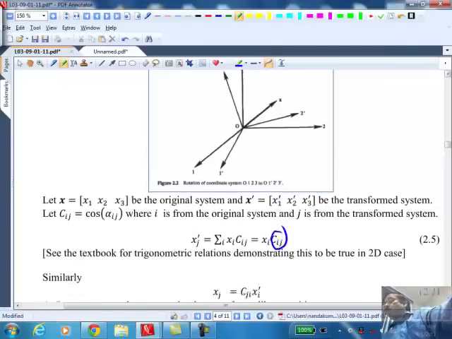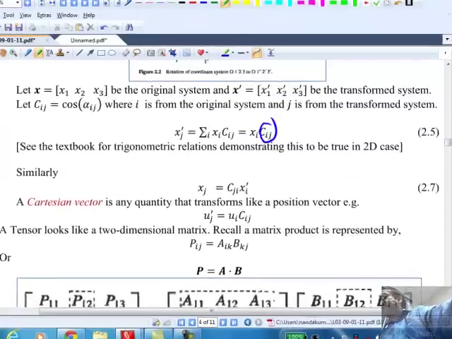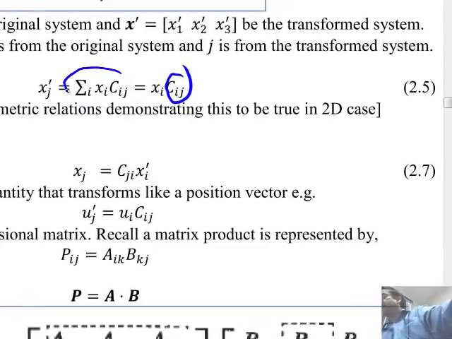Okay, so first we said, being lazy, I am going to put a summation and write this as xj prime equals summation over i of xi cij. Next, and this is called Einstein's convention, I'm not even going to write the summation symbol explicitly. I'm just going to write it as xi cij.